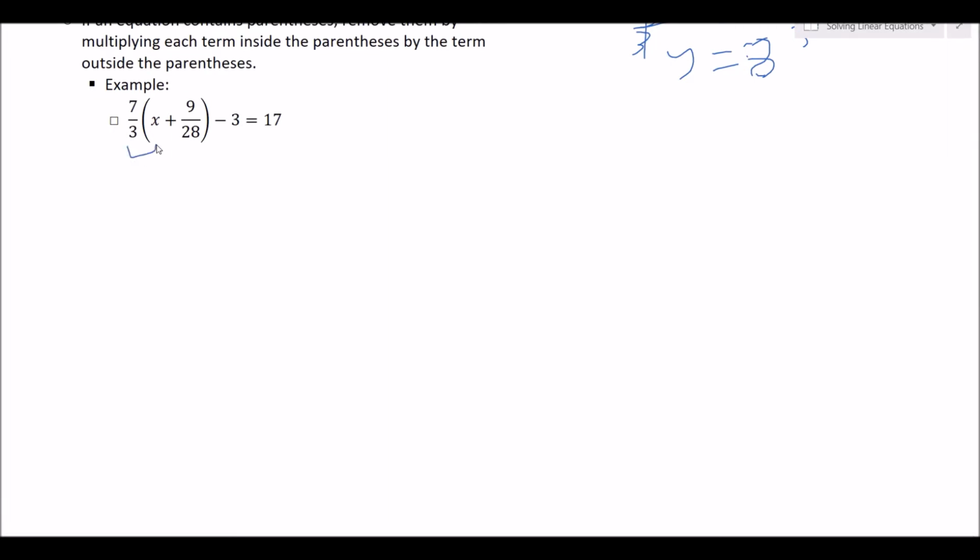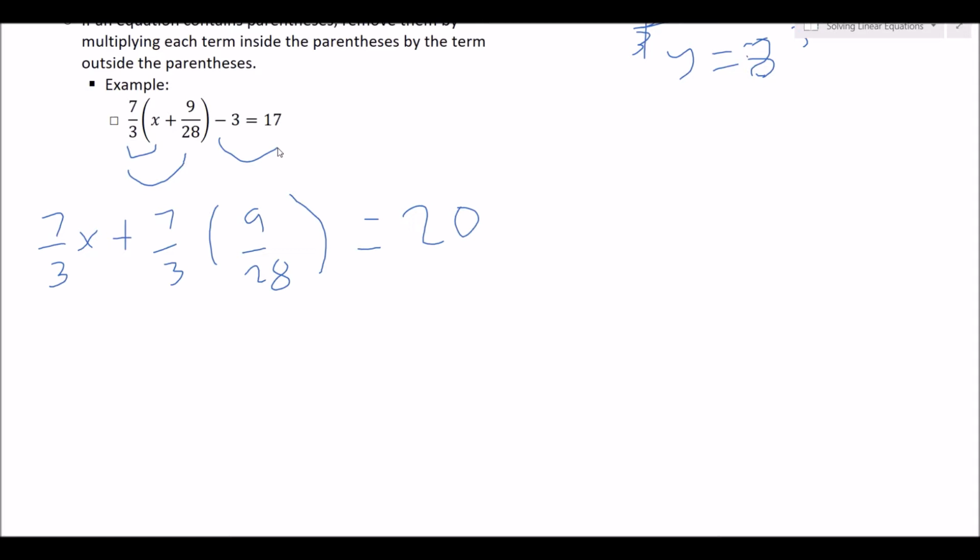So we multiply 7 over 3 by x, then 7 over 3 by 9 over 28. So we get 7 over 3x plus 7 over 3 times 9 over 28 is equal to 20, because we add 3 on both sides, so 17 plus 3 is 20.